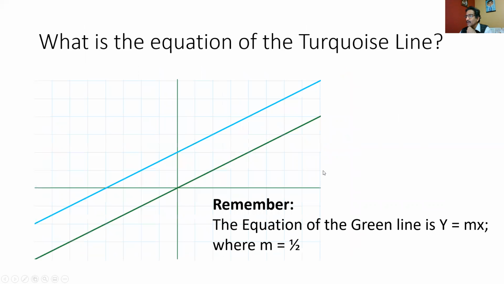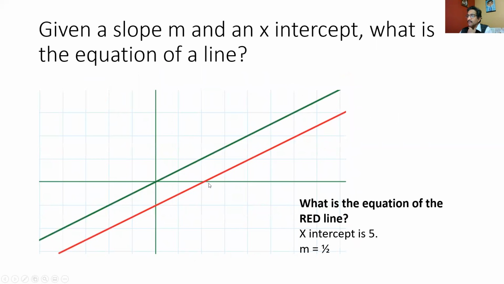So here the critical question is this. Instead of getting y and then adding, now you have the x-intercept. So here I'll give a clue.